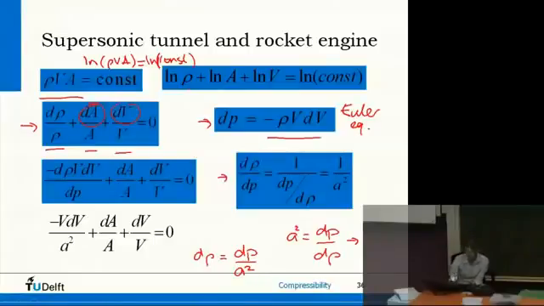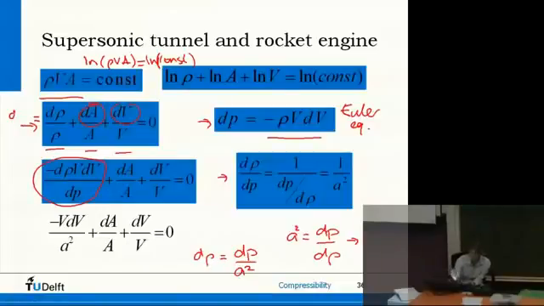Let's do it like this. So the d rho over rho is equal to dP over a squared rho, right? And the dP is minus rho V dV.